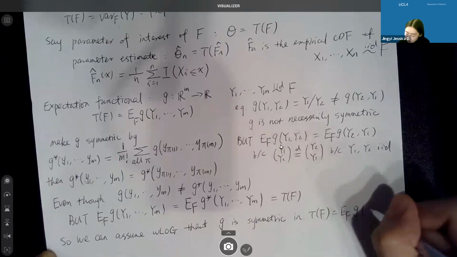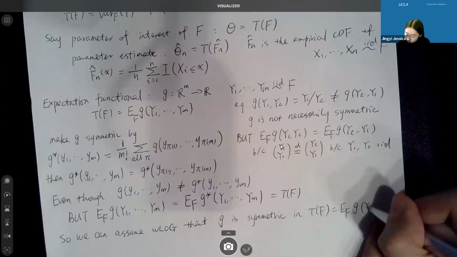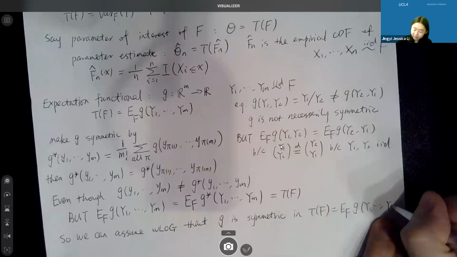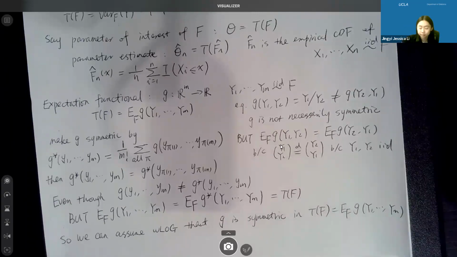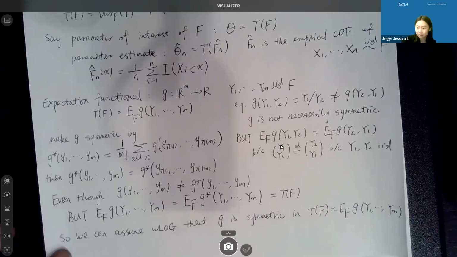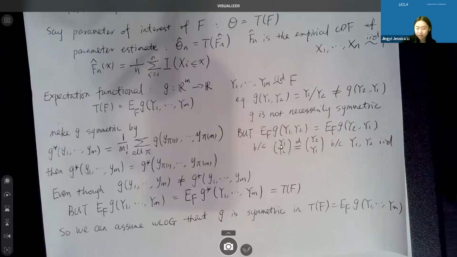And this argument will make our following discussion simpler. Okay, so does that convince everyone? So even if G is not symmetric, we can create G star to be symmetric, and they share the same expectation function. Okay, so that's the starting point.